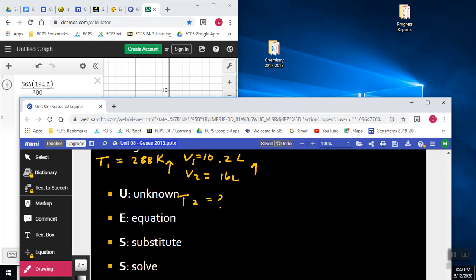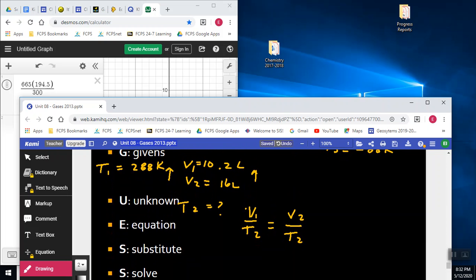Charles' law says temperature and volume are directly related, so I'm going to divide. Volume is to temperature as volume is to temperature. It's a direct relationship. Now I substitute in what I've got.